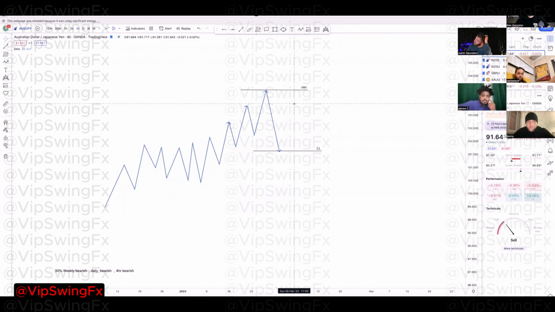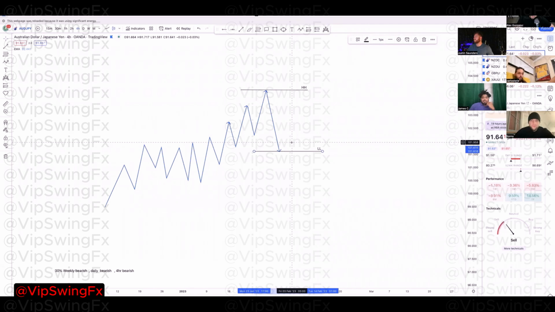And then same exact example that we just showed in the previous one. Write this down next to the other one. The first one is, in order for you to have a higher high, you need to have a higher low. And then in order to have a lower low, you need to have a lower high.